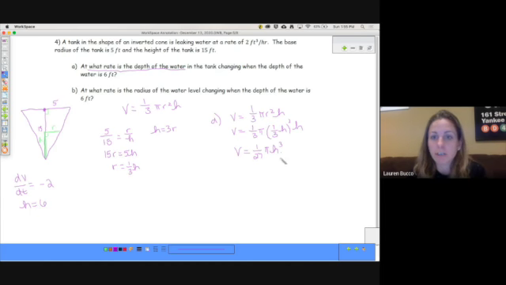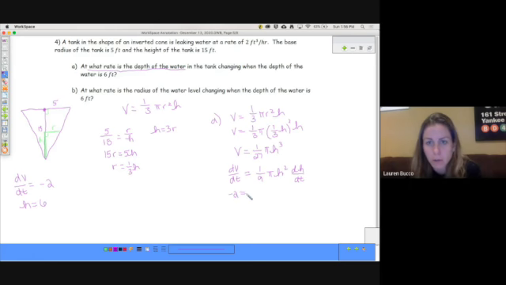So once I differentiate here, the rate at which the volume is changing is equal to 1/9 pi H squared dH dt, the rate at which the height is changing with respect to time. So I'm going to fill in, I know this is -2 is equal to, I'll write it out, 1/9 pi times 36, because it's 6 squared, dH dt.